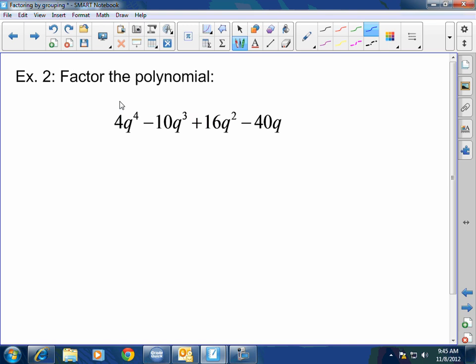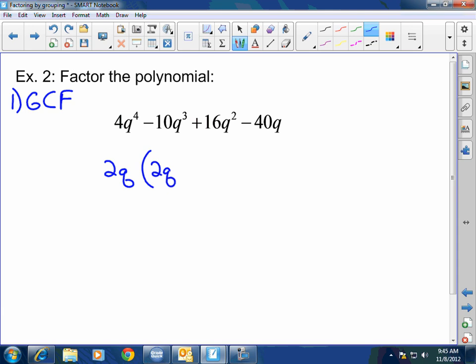Whenever we're factoring, whether we're factoring by grouping or later we're going to learn how to factor trinomials in two different formats, the first thing you always want to do is factor out the main GCF. So what's the main GCF, if possible? 2q. So let's start like this to make your lives easier.